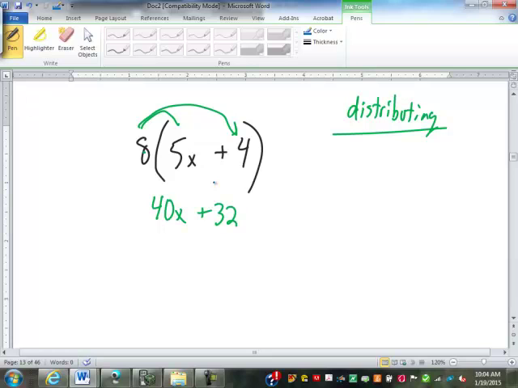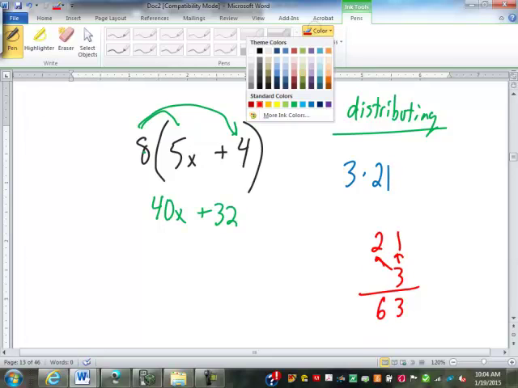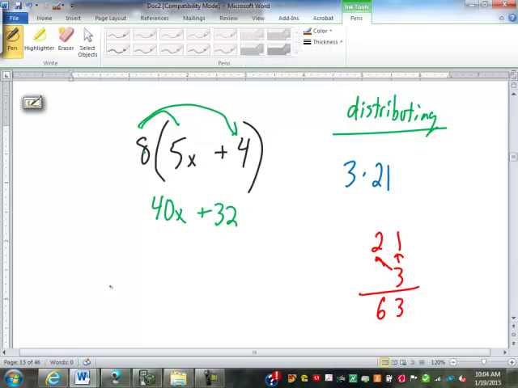That's distributing. But in reality, that's just a shortcut. This multiplies out the same way that whole numbers do. If I had like 3 times 21, I would have 21 and 3. I'd do 3 times 1 is 3, 3 times 2 is 6. So I have 3 1s and 6 10s, or 63. I would do the same thing here.